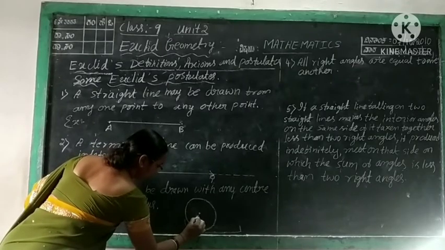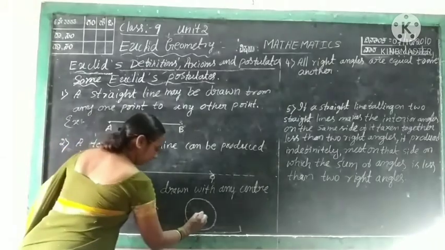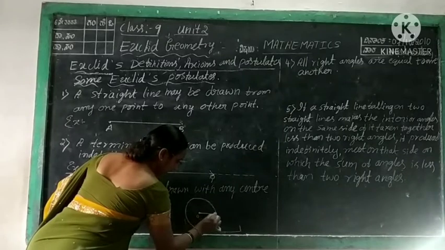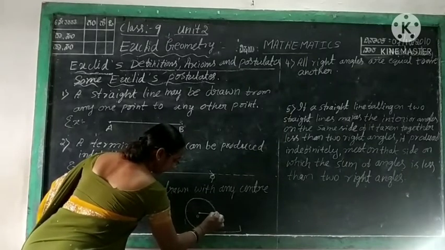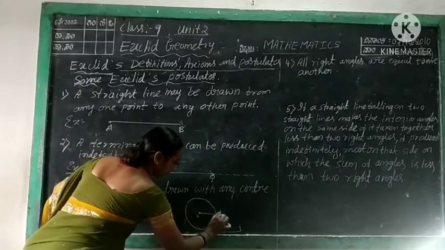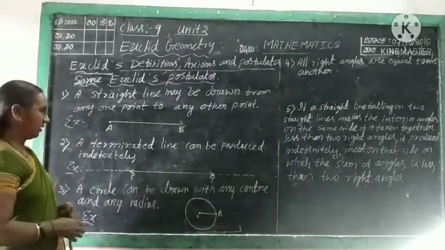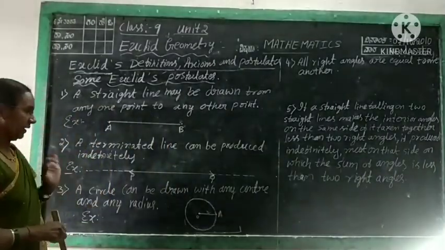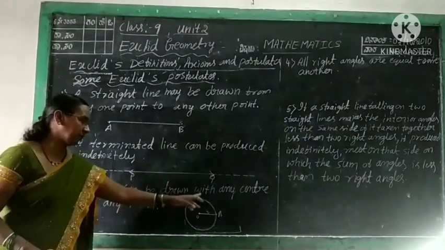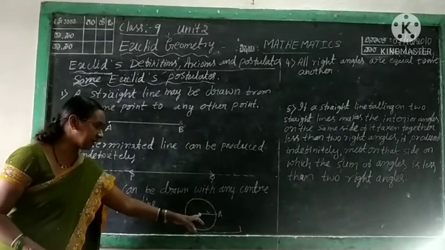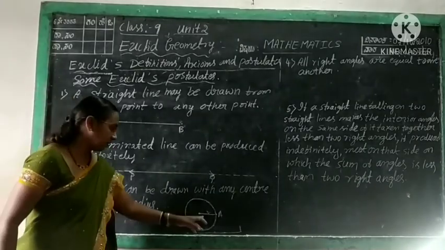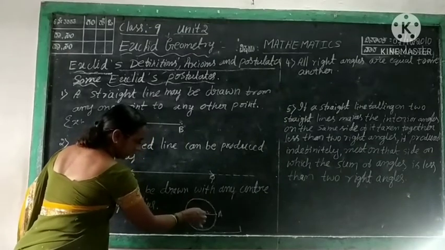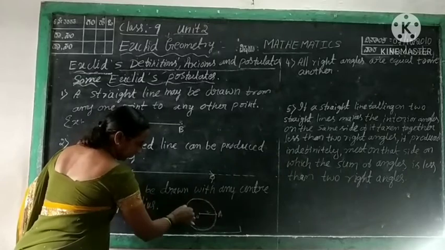The center is the point O. Then we know that if we join the center of the circle to any point on the circumference, say A, OA is called the radius of the circle. Any circle can be drawn from any center, with any radius.